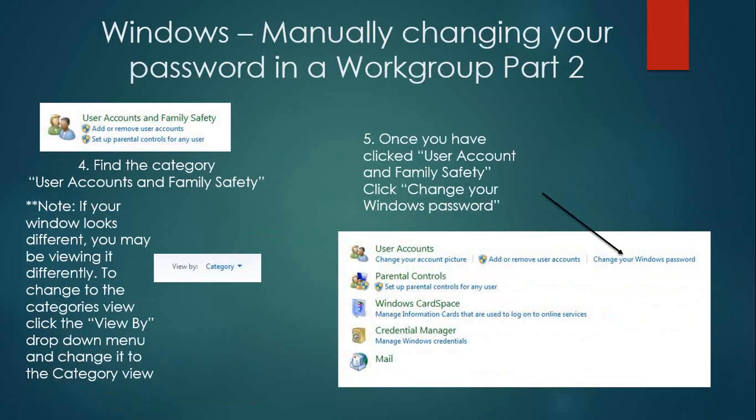The fourth step in this is to find the category User Accounts and Family Safety. Take note, if your window looks different, you may be viewing it differently. To change to the Categories view, click the View By drop-down menu and change to the Category view, as pictured here.